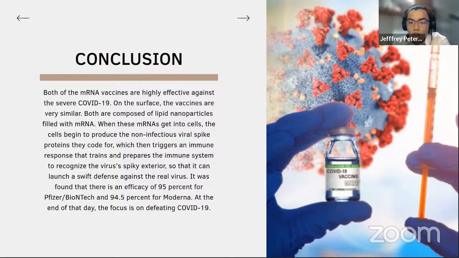It was found that there is an efficacy of 95% for Pfizer-BioNTech and 94.5% for Moderna. At the end of the day, the focus is on defeating COVID-19.